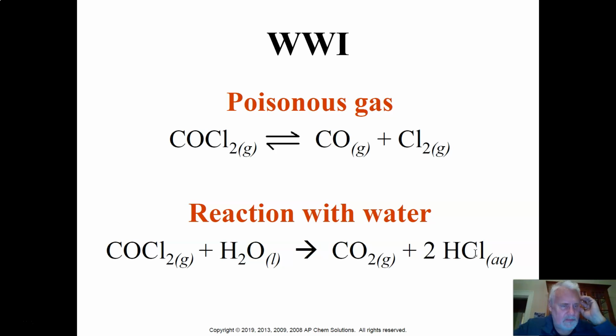History buffs know that many of the soldiers in World War I suffered blindness, because there's a lot of moisture in and around your eyes, and basically having that phosgene gas was like putting acid in their eyes. And the other place there's moisture, when you breathe in, is all that moist tissue in your mouth and lungs.